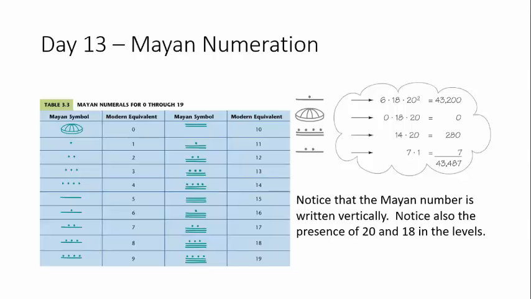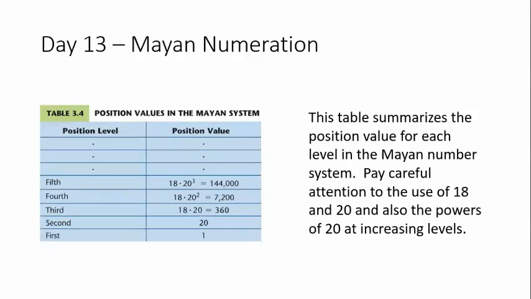We'll look at another example. Here, we'll see that we do have a positional system. We're working with levels, and you can see the multipliers here. The first level is just your units, and then the second level, the multiplier is 20.